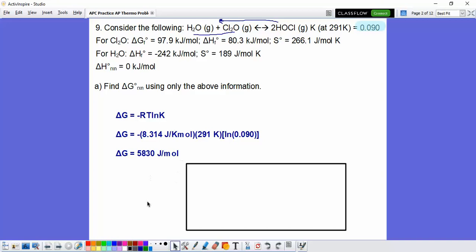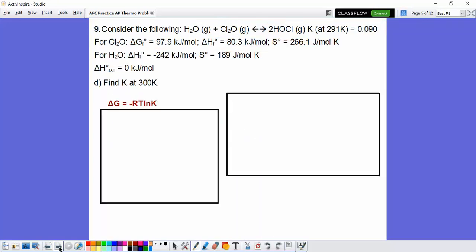Because remember, delta G is temperature dependent, the same as the equilibrium constant. And this delta G here was for 291 Kelvin, not 300 Kelvin. So we actually have to do something first before we can find K for the reaction at 300 Kelvin.